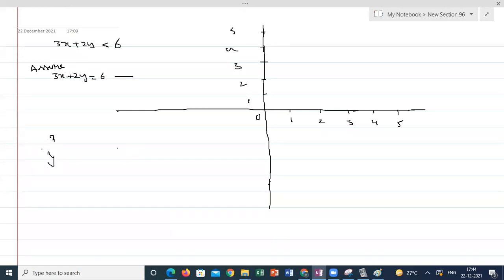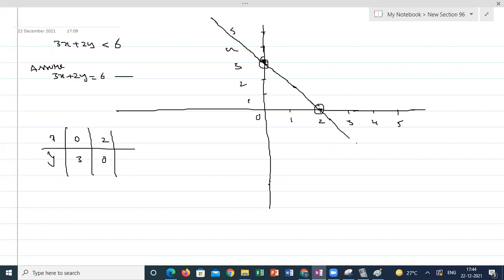Take x, y. If I'm taking x is equal to 0, y is equal to 3. If I'm taking y is equal to 0, x is equal to 2. That means 0, 3 is 1 point, and 2, 0 is another point. And joining the line will give a line which represents 3x plus 2y is equal to 6, but the condition is less than 6.